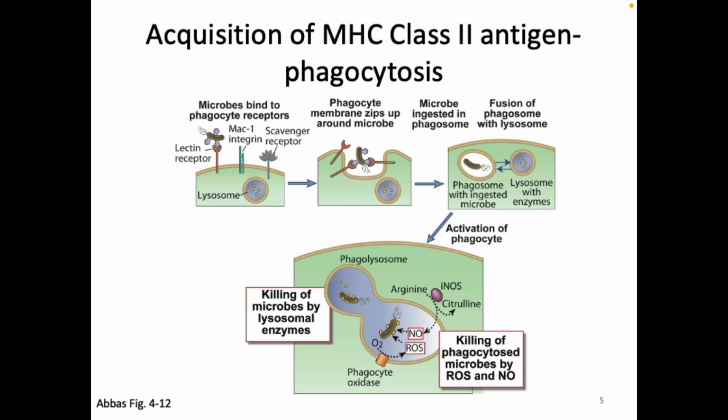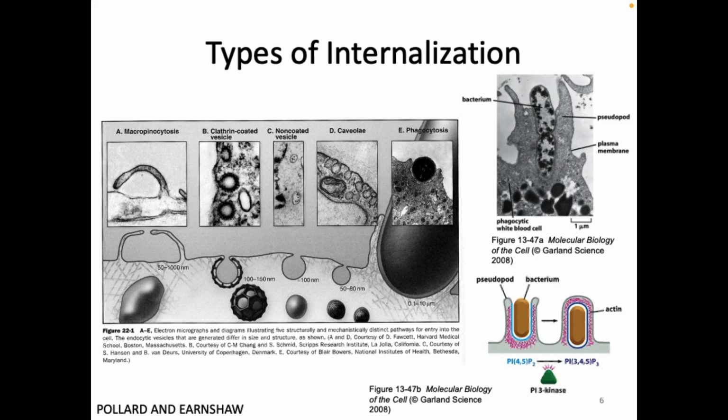You saw this process with the innate immune response earlier in the semester. Phagocytosis is one really important type of internalization, but in the grand scheme of cell biology, it's not the only kind of internalization out there. There are actually a ton of types of internalization.